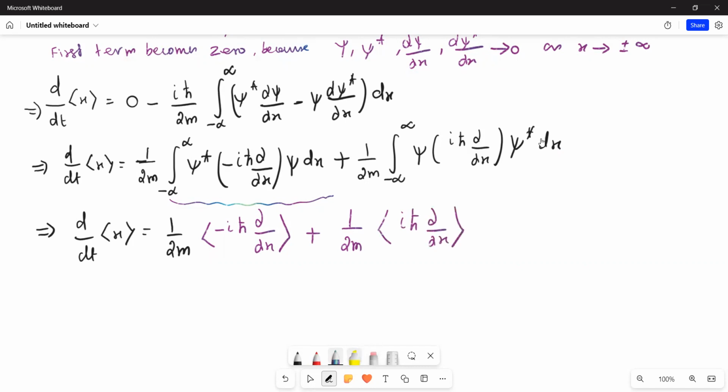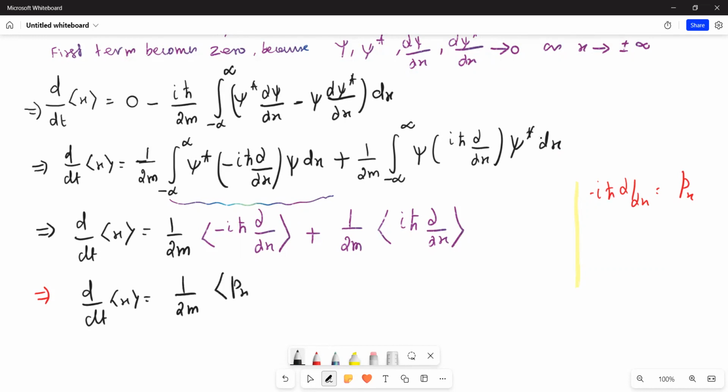See, here you need to think about one point. Minus i h cross dou by dou x means what? It is a momentum operator. It is considered as a momentum operator that we studied already. Hence, this becomes d by dt of the expectation value of x is nothing but 1 by 2m.